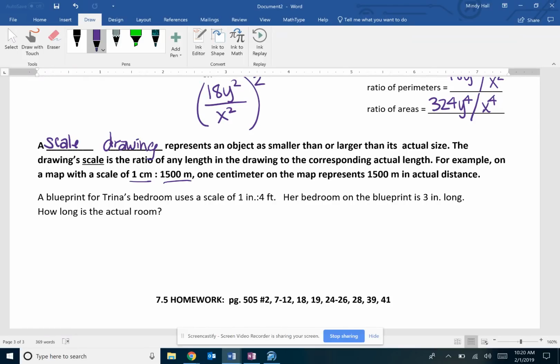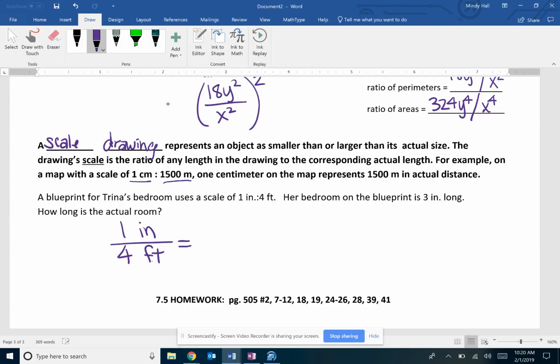So we have a blueprint for Trina's bedroom that uses a scale of 1 inch to 4 feet. Her bedroom on the blueprint is 3 inches long. How long is the actual room? Whenever I do these, if it's different units, I put my ratio on one side, 1 inch over 4 feet.